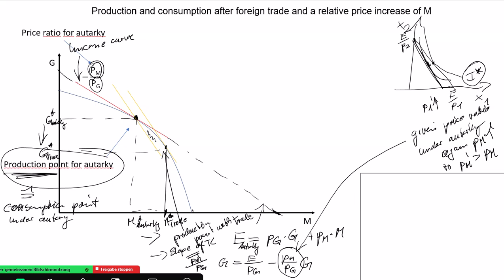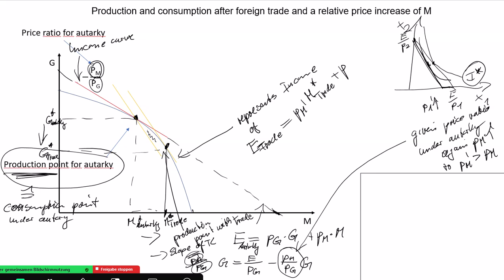So now I can really say, well, due to the prices, PM prime and PG, selling, adding up, PM prime times M trade plus PG times G trade represents income E trade. This is now euros or US dollars.